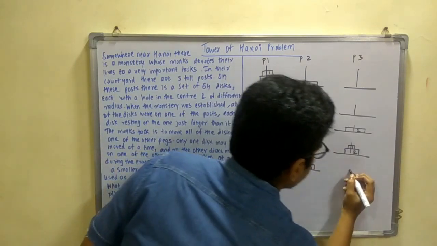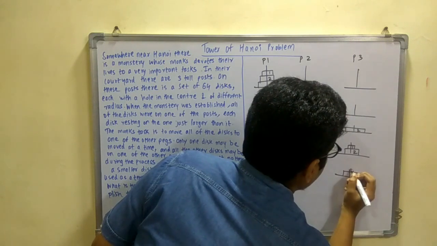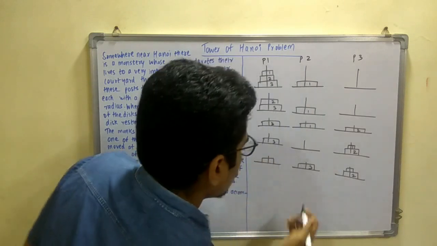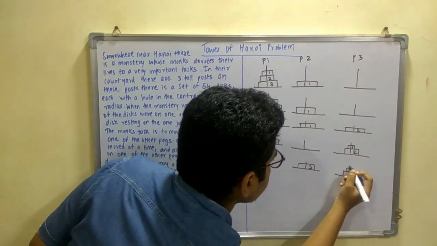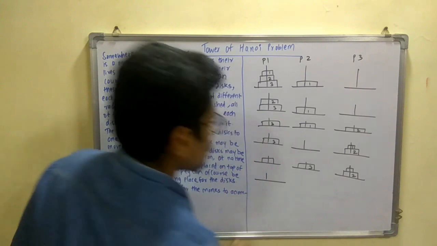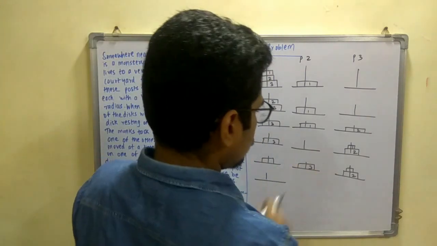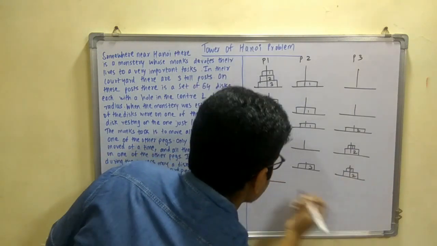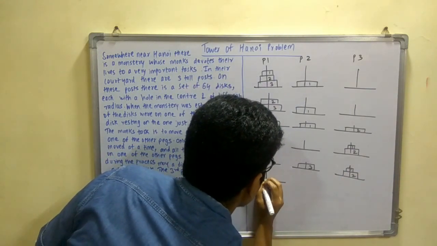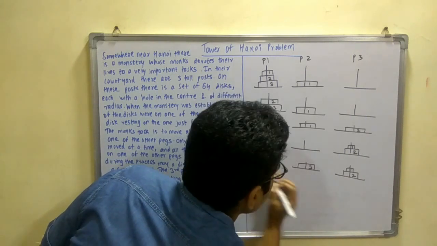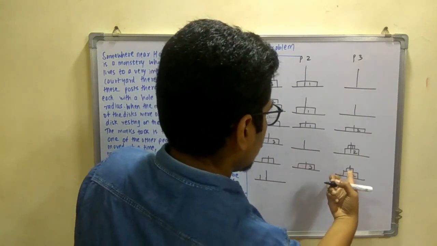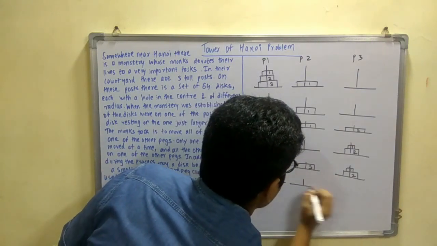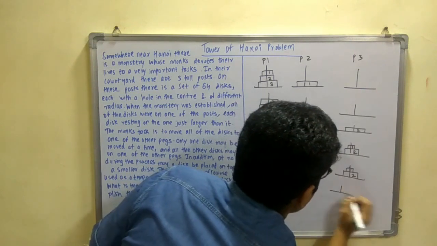So it becomes like this, and this would be 1 here. Now we have to move to this position. For that, we can move 1 to the very first position, and 3 just here, and 2 here.